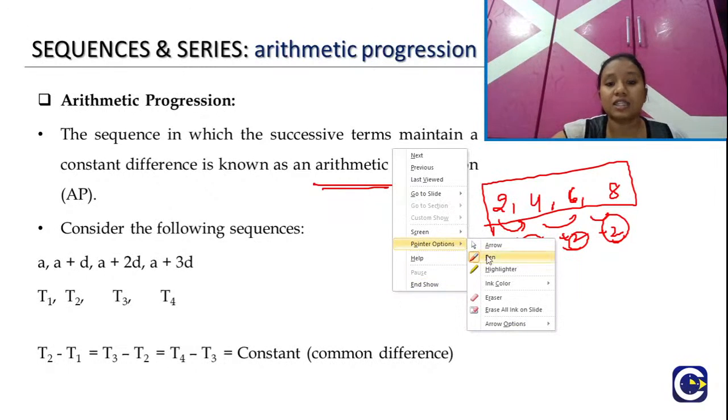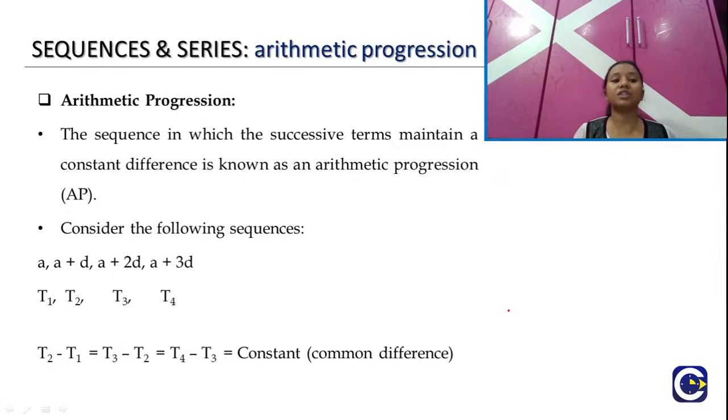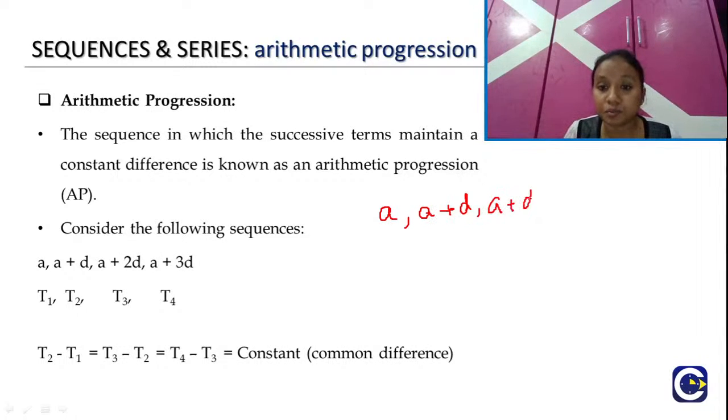That means the standard sequence of an arithmetic progression will have terms. If we are having a as the first term, the second term will be a plus d, where d is the common difference. As we know, common difference is constant. So the third term will be a plus d plus d, and the fourth term will be a plus d plus d plus d.